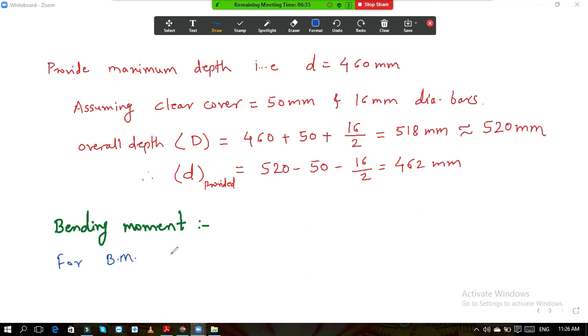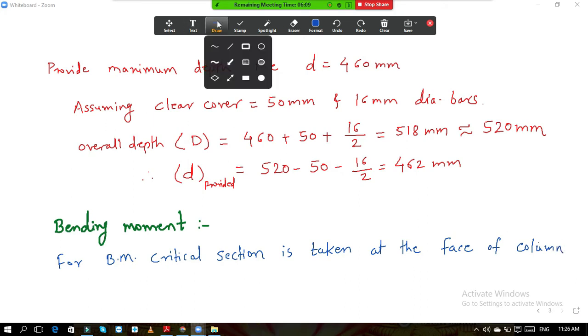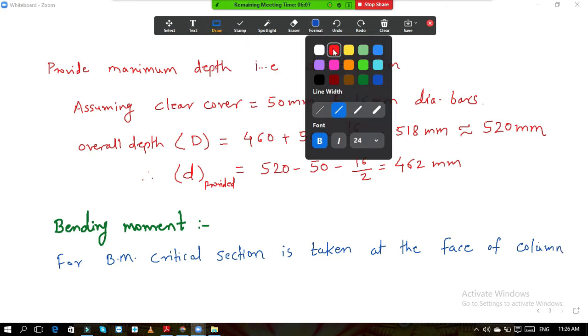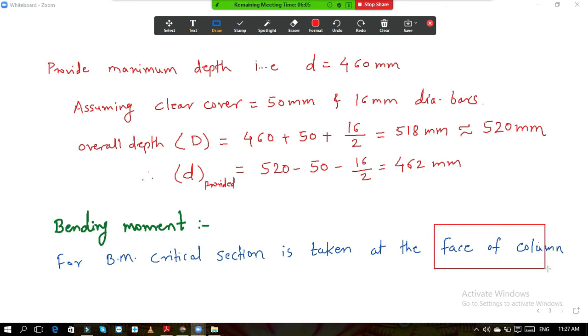For bending moment, critical section is taken at the face of the column. So underline this. Where do we take the critical section? It is taken at the face of the column.